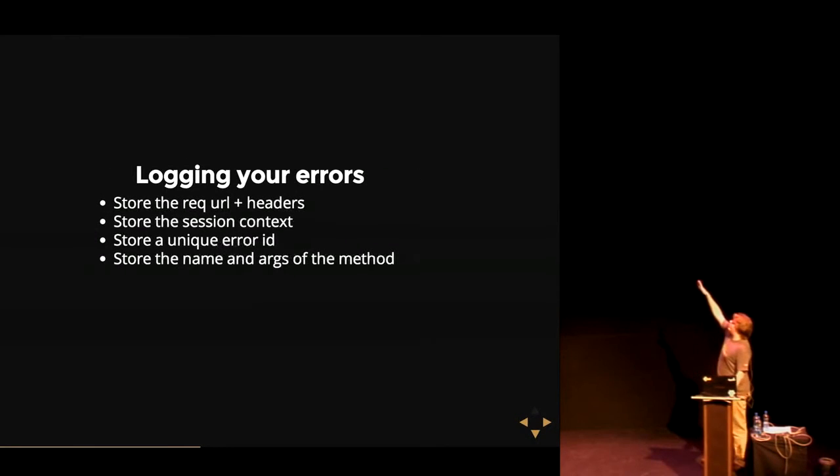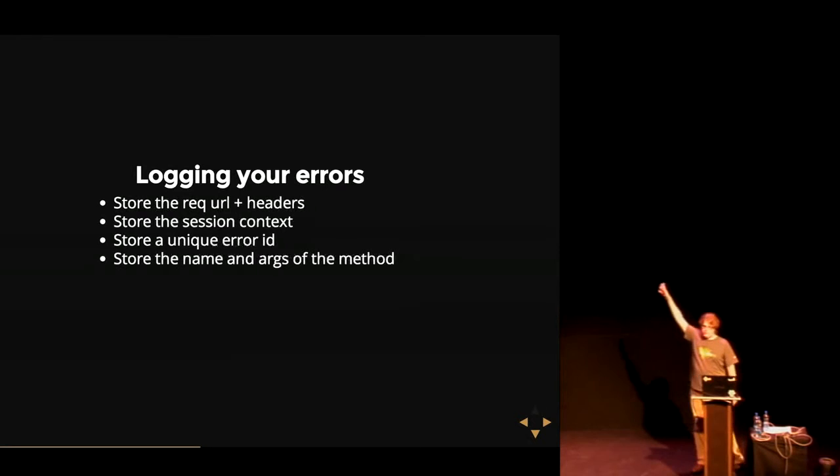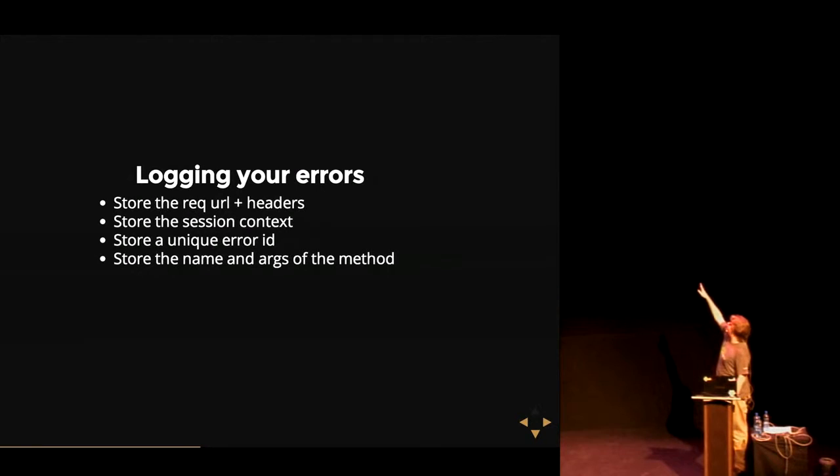One of the simplest ways to deal with your errors is to log them. I already showed you Bunyan. Bunyan's pretty awesome. What we do in production is we just log the request. If you have the session context, log that. It allows you to track exactly what's going wrong.